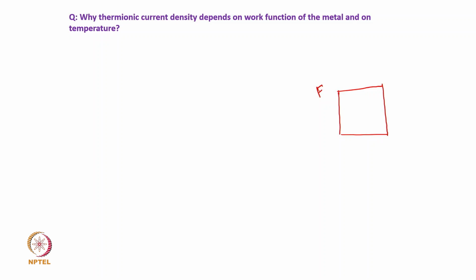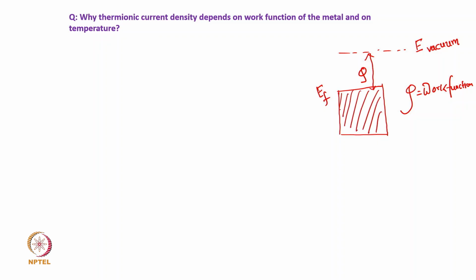If this is the Fermi level and this is the vacuum level, the energy required to take one electron from the Fermi level to the vacuum level.